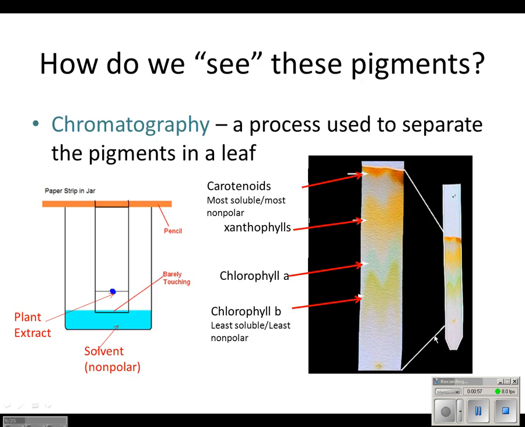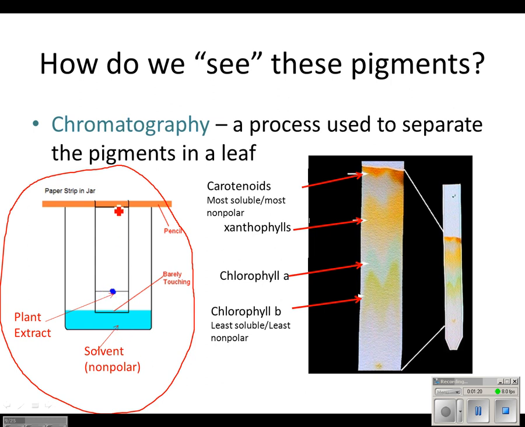The way that we know that we have all these pigments in these plants is through a process called chromatography, sometimes referred to as paper chromatography, which is a process that's used to separate the pigments in a leaf. If we look at this setup here, this is actually just kind of a cartoon picture of what we do.